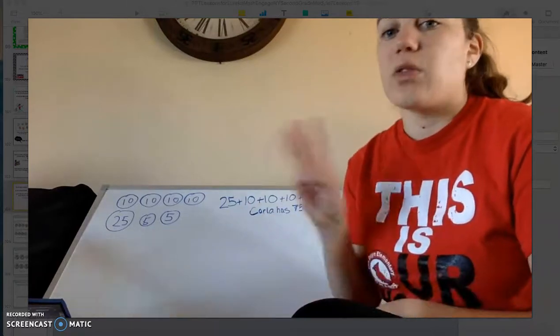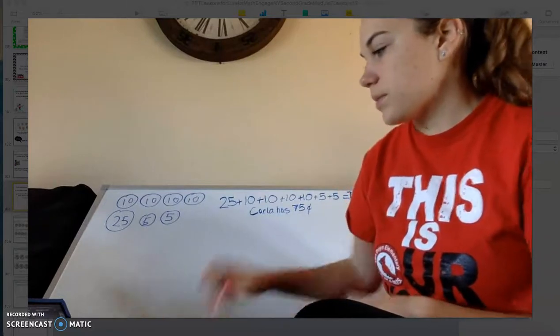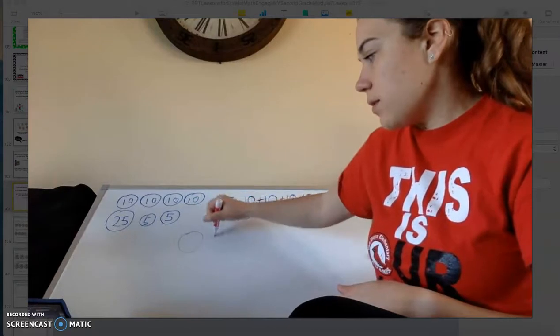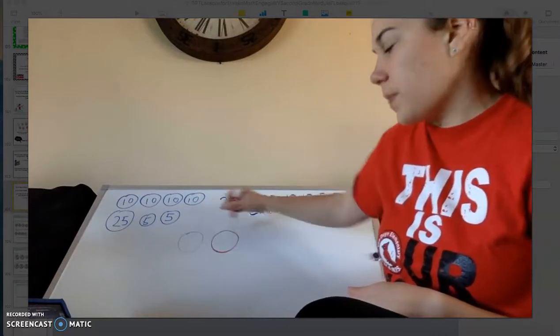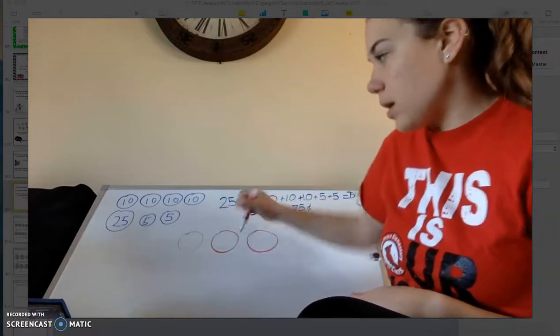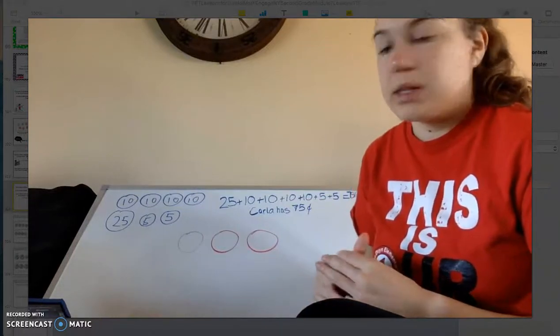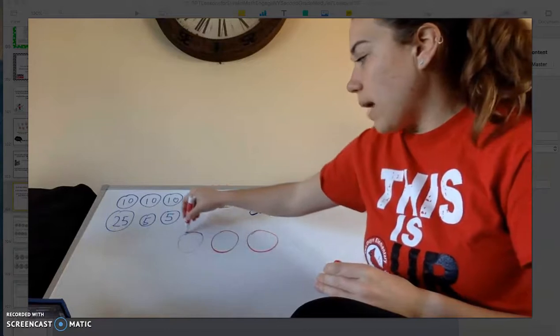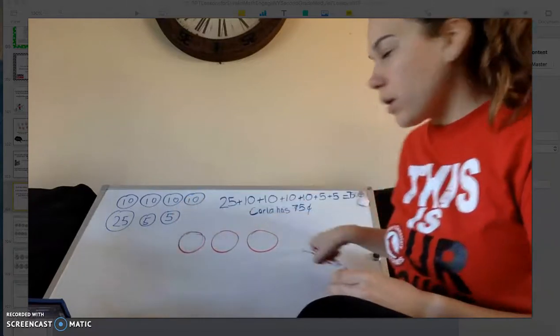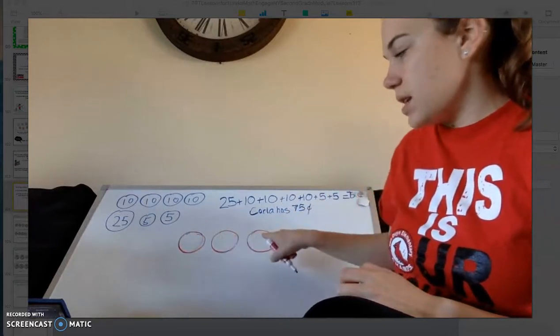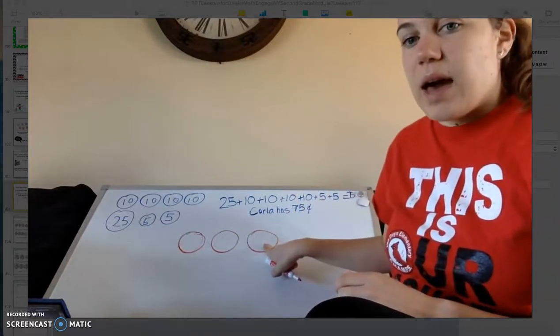So now let's try 3 quarters. So we have 25, 50, and then our last one. What do we get? Remember, when we have quarters, 4 quarters equals $1. Each of them are 25 cents. So 25, 50, 75.